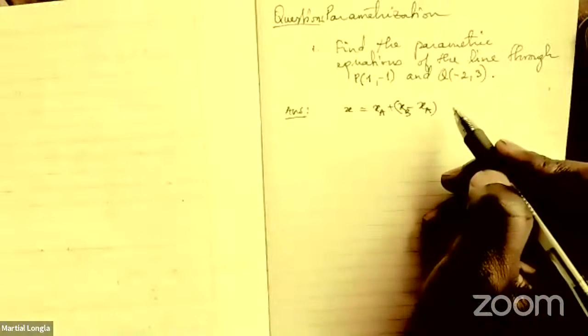Something is missing, the t after xb minus xa. That's it. And so here, once you plug in the values, I got 1 minus 3t for x, and then -1 plus 4t for y.